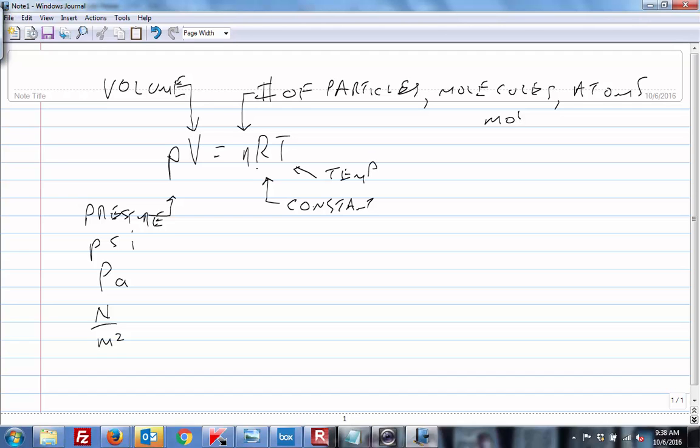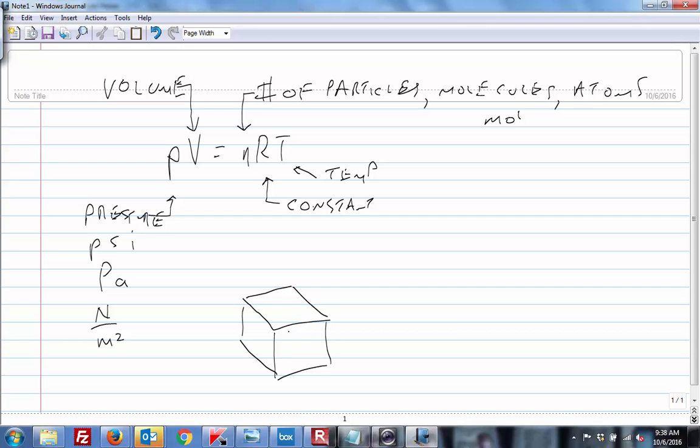Okay, so in this case, there's five different variables here, and to some extent they're all independent. The R is there just to keep the units straight. I'll just give you a few little pictures so you can imagine what these are.